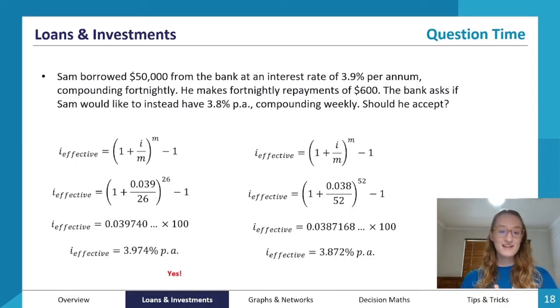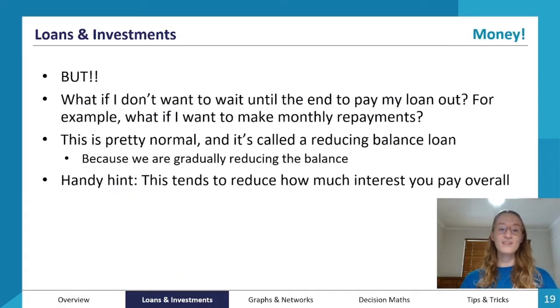So I hope that made sense for that question, and hopefully Sam will be able to make some money back on that option. So yes, if I was Sam, I would definitely accept that offer because it's effectively a lower rate of interest, which is good news when you have a loan.